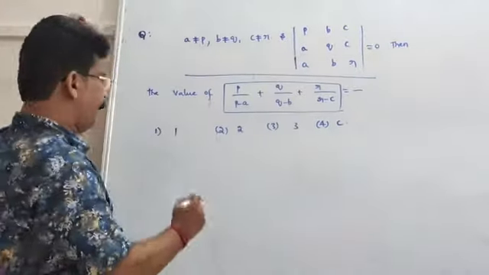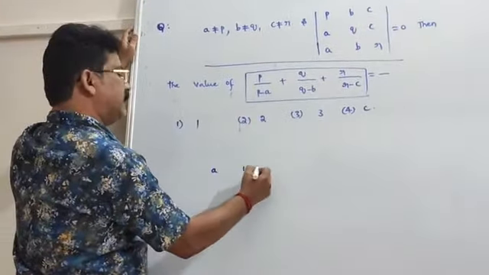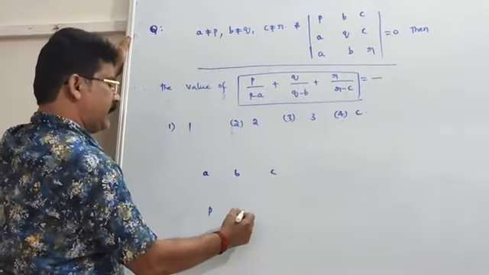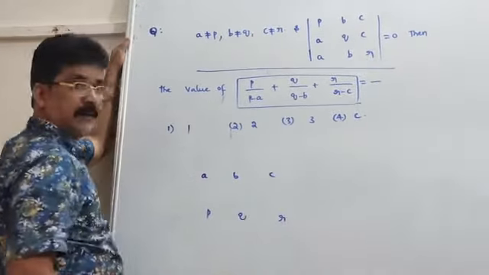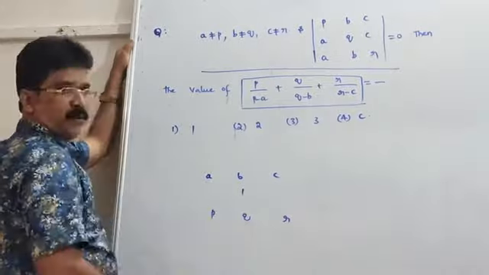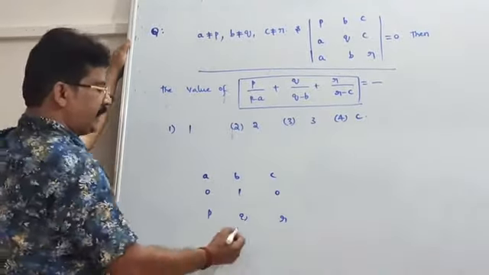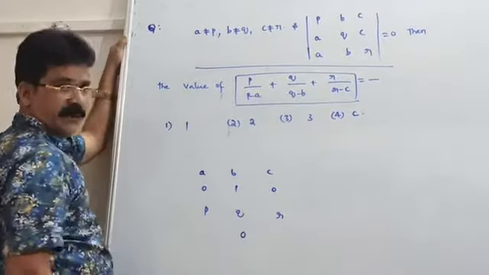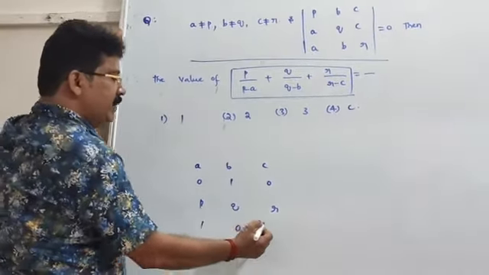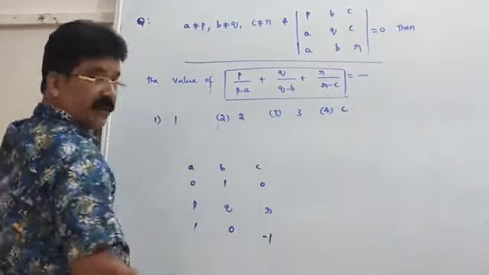Yes. How? Let us take B equal to 1, A 0, C 0. Next, here Q equal to 0, P value 1, R value minus 1.